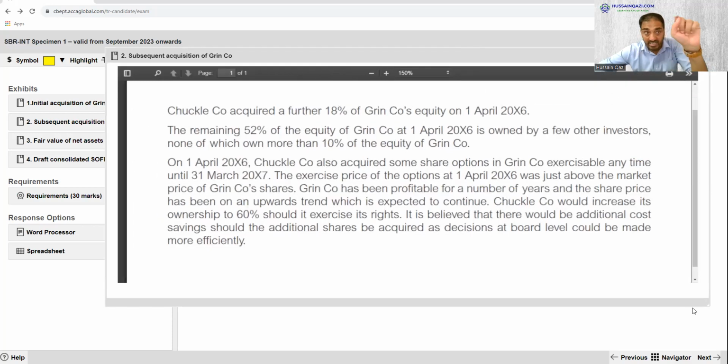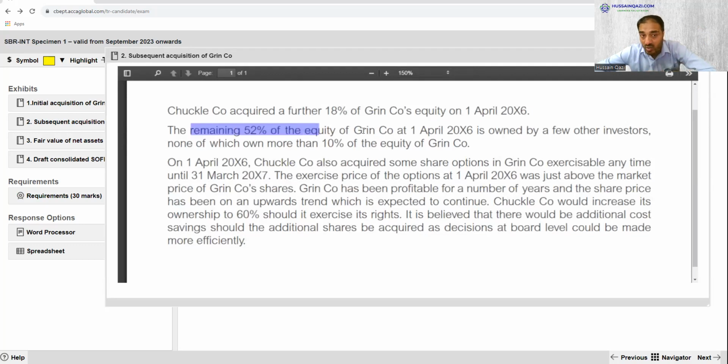Okay, then furthermore, subsequent. Now be attentive and very focused. Reading of the question is very important to exactly understand the requirement and the examiner's expectation. Chuckle company acquired a further 18% of Grin company equity on 1st April X6, meaning after 2 years.